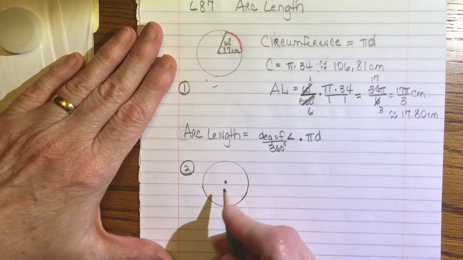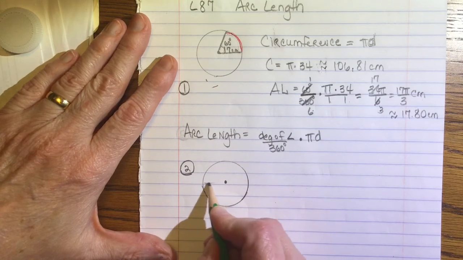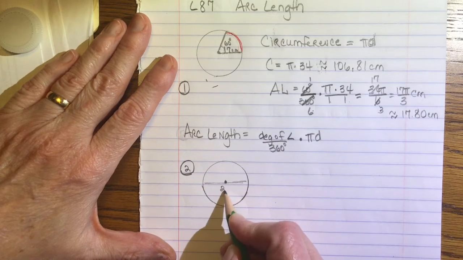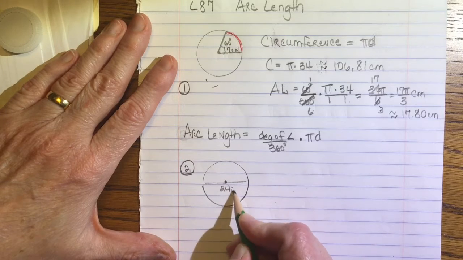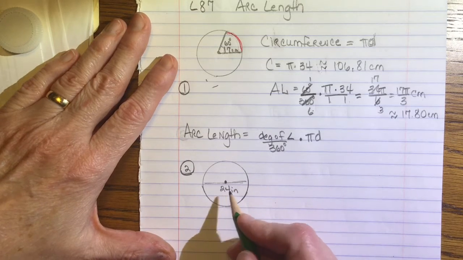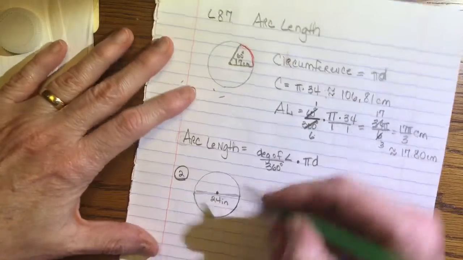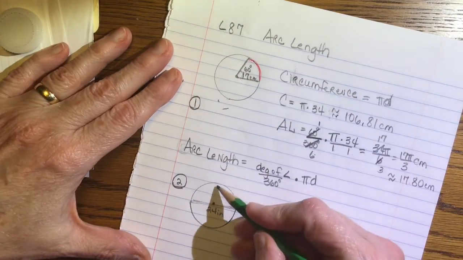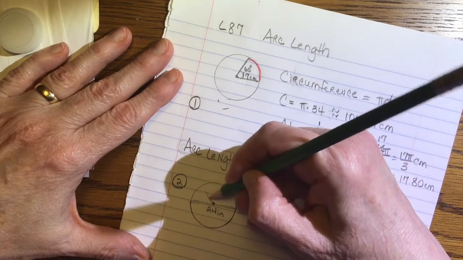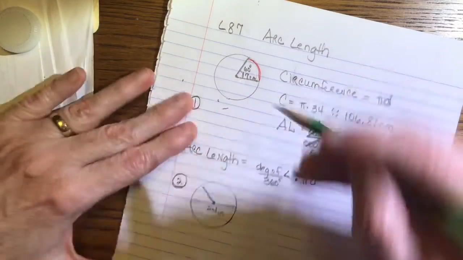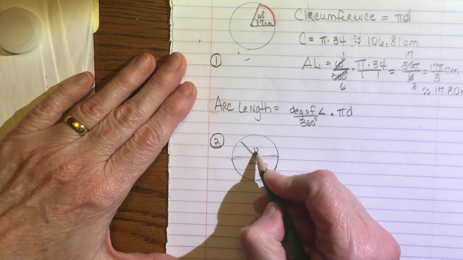So this time I'm going to set the diameter to 24 inches. And I'm going to set my angle, if this is 90, and we know this is 180, at about 120 degrees.